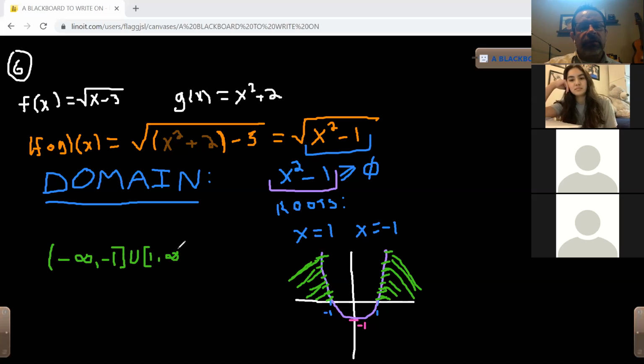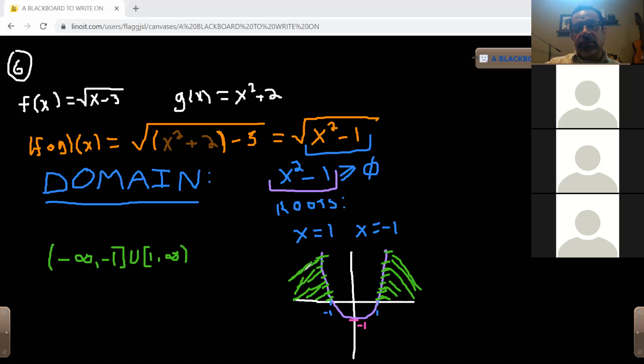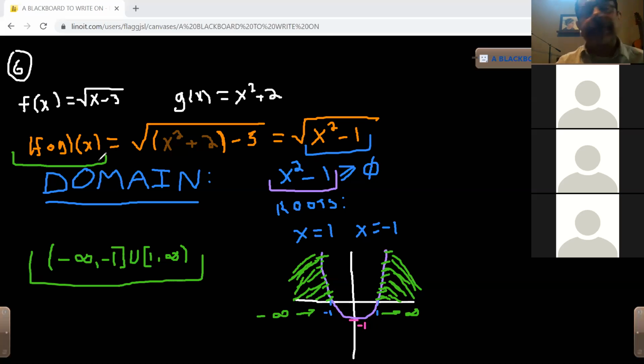Perfect. Thank you very much, Estrella. And so yes, the values are going to be the values that are positive, and those values occur from minus infinity to -1, and from 1 to infinity. And so this is going to be the domain of the new composition function. Okay.